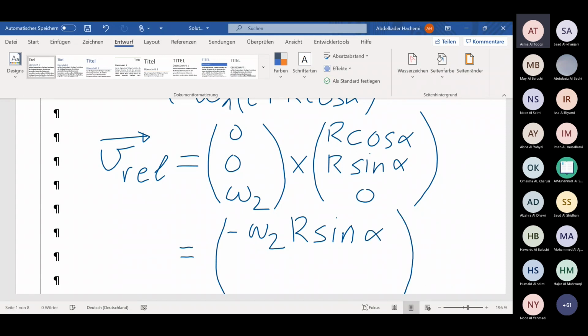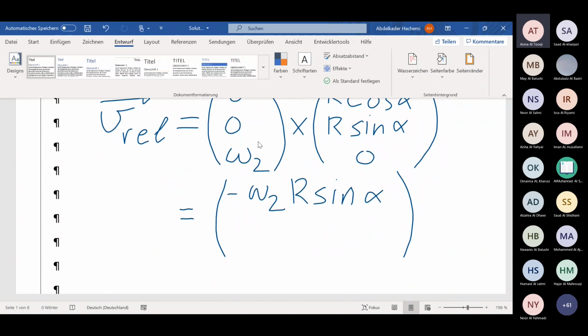Okay. Now, if I take the second component, we eliminate the second line. Then we have 0 multiplied by 0 minus omega 2 r cosine alpha. But all things are with a minus sign.